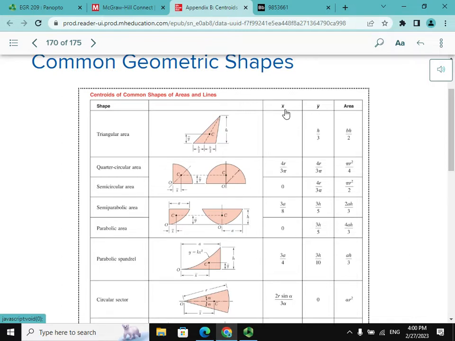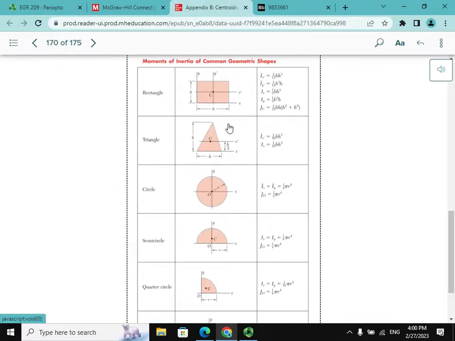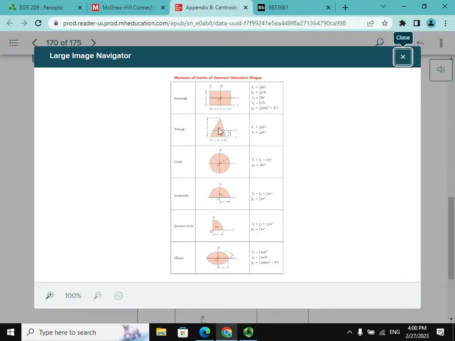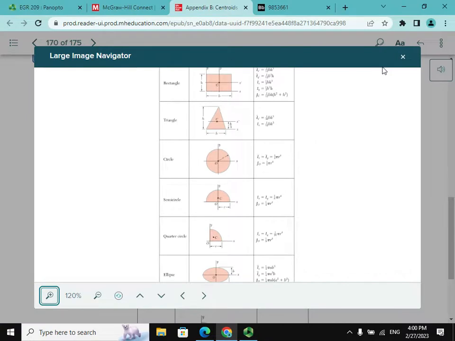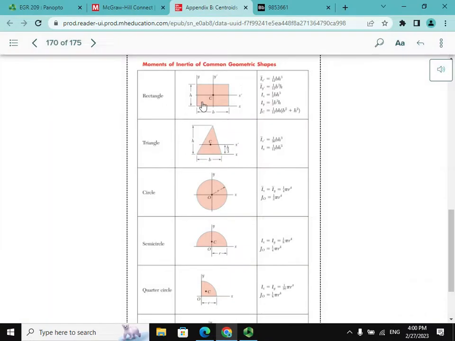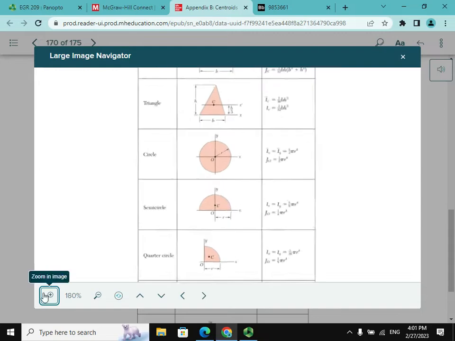This is the location of the centroid, this is the area, and then the moments of inertia are in this table. It's at the end of your book. For a rectangle, I proved to you that Ix prime is b h cubed divided by 12. Let me zoom in more.